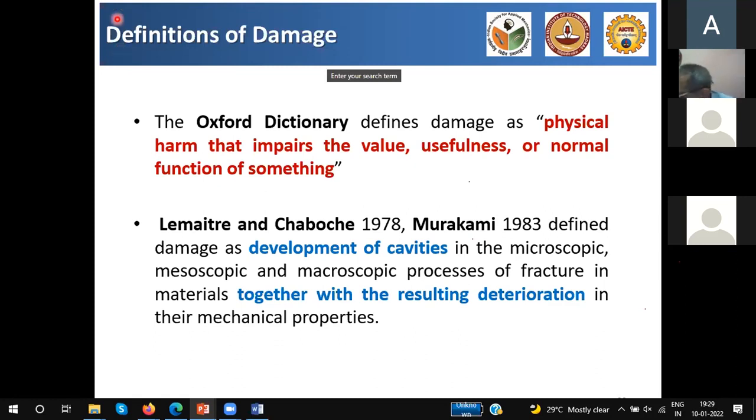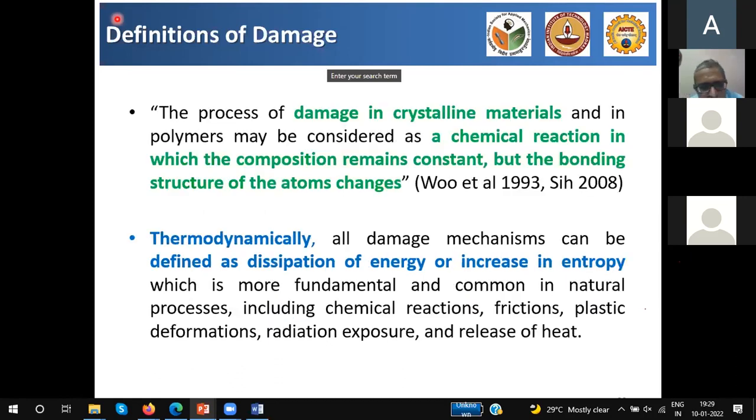And you have concepts from a chemical standpoint, chemical engineering, where they also talk about damage, which is more in the form of the bonding between the various constituents of a material. So that's again a property that is changing.